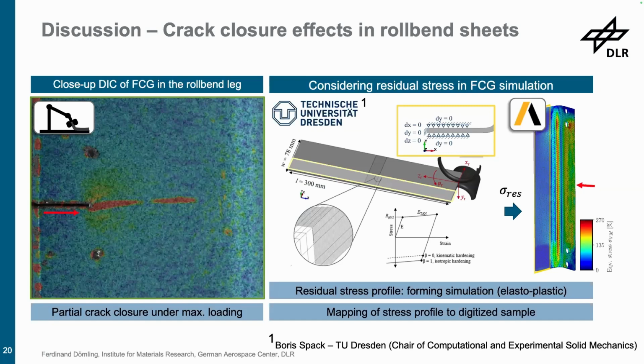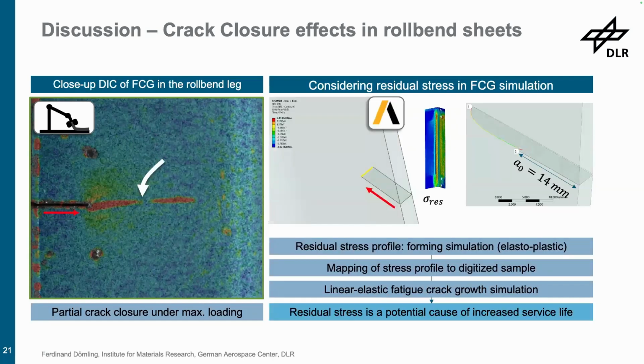So we simulated the roll forming process. We mapped it to our digitized sample. And we ran the simulation again. This is a linear elastic simulation with isotropic material properties, so it's very rough at the moment, but we can capture some of this effect. So this contact here. So residual stress is a potential cause of the increased service lifetime.